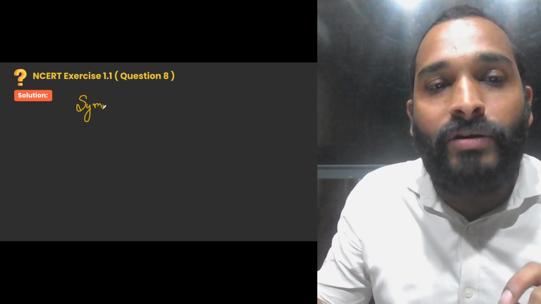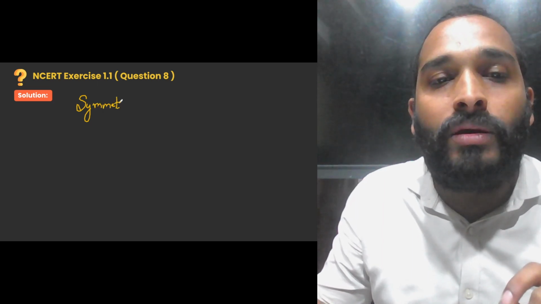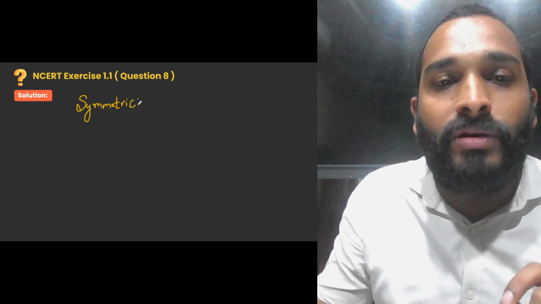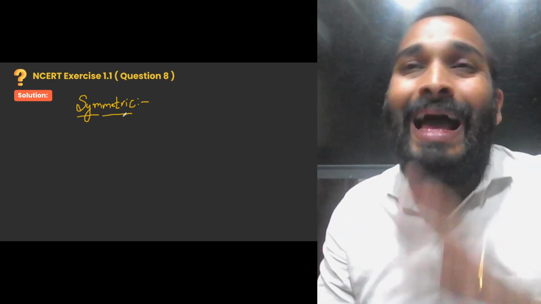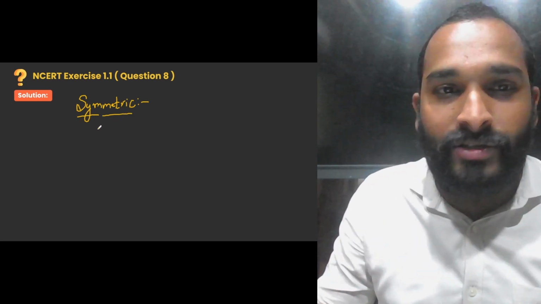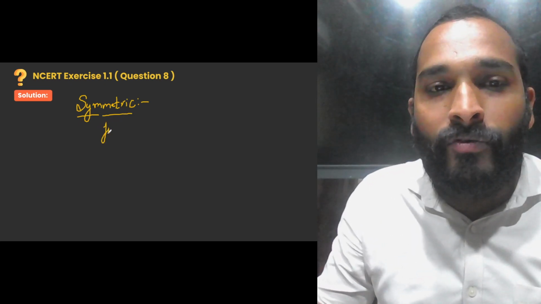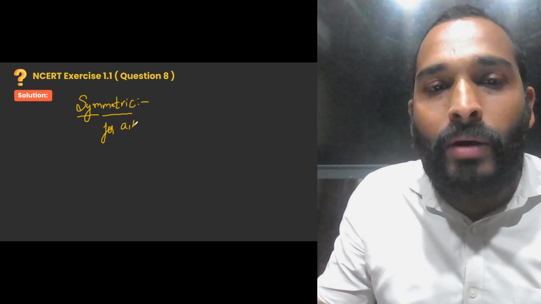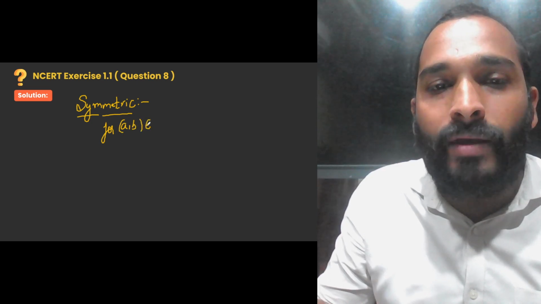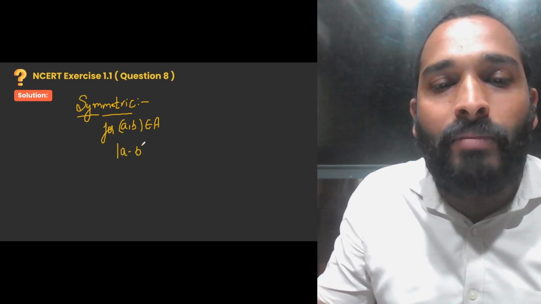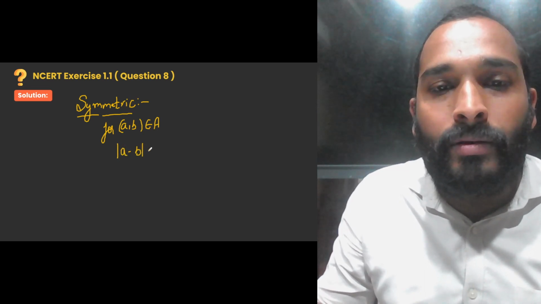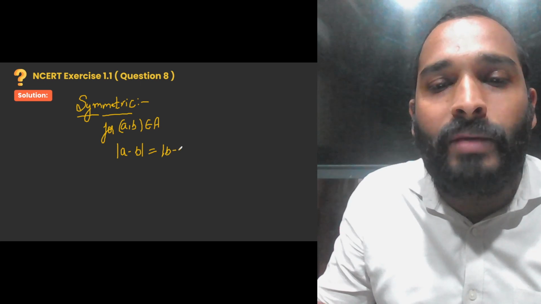Now children, tell me, when do you call a relation to be symmetric? A relation will be called symmetric if A comma B obeys the relation and B comma A also obeys the relation, correct? Now let us take A comma B which belongs to set A, modulus of A minus B is equal to modulus of B minus A, right children?